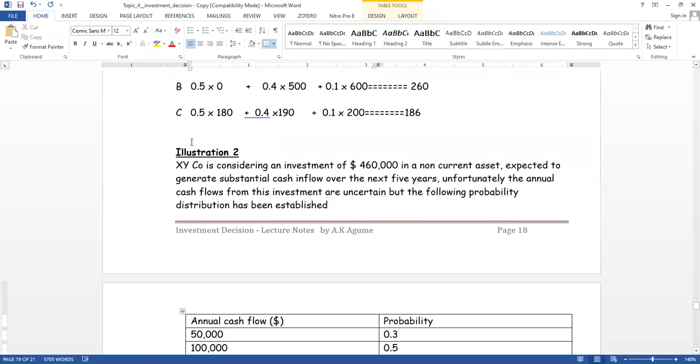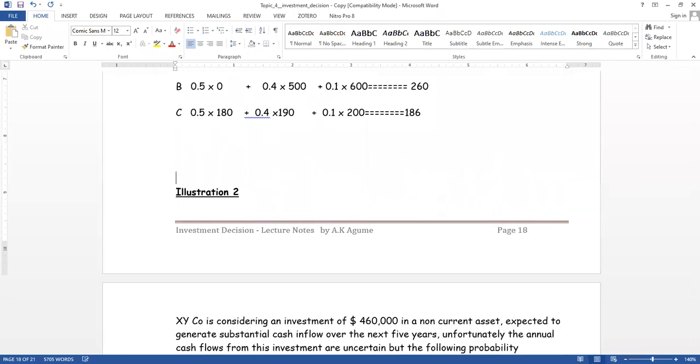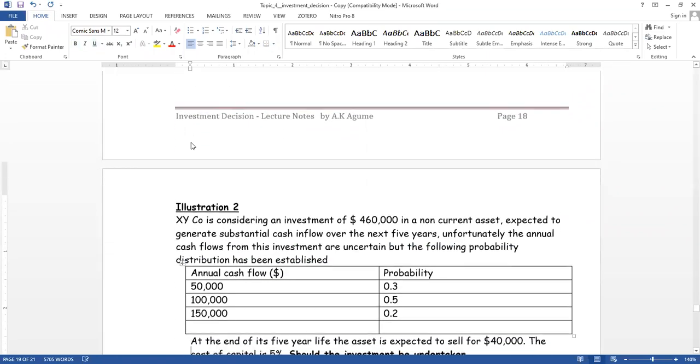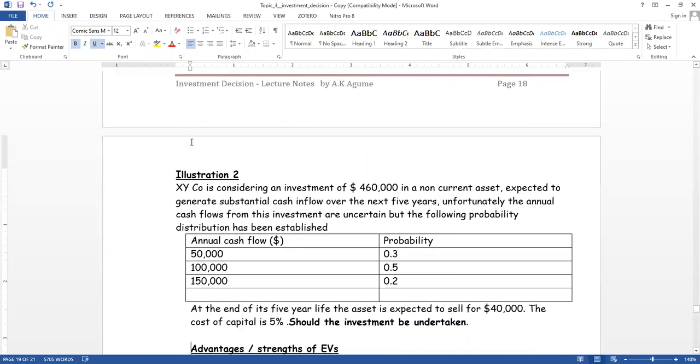So there is illustration 2. XY company is considering investing 460 in a non-current asset expected to generate a substantial cash inflow over the next 4 or 5 years. Unfortunately, the annual cash flows from the investment are uncertain, but the following probability distribution has been established.